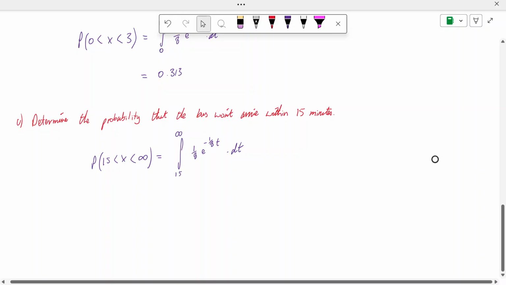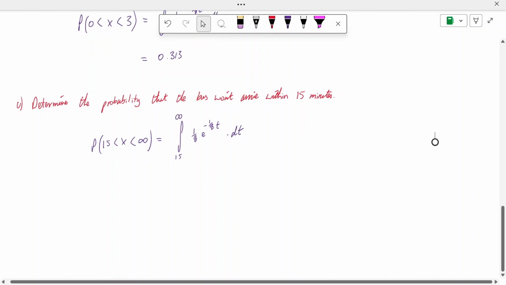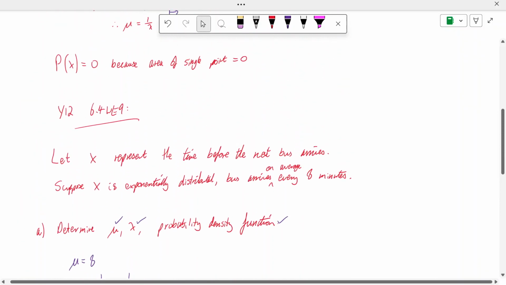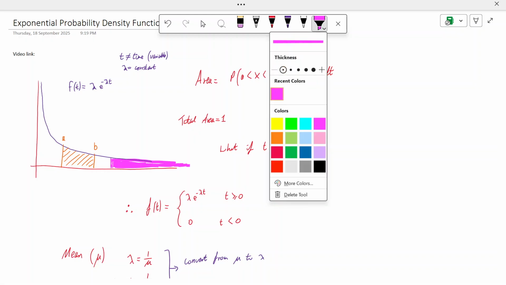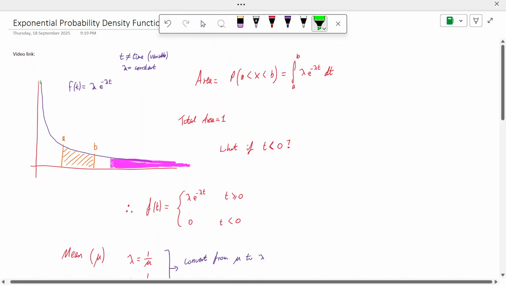and keep in mind that we can look at the complementary event here. Because I know, if I think about my curve, that if I was interested in the probability of it going from here all the way up here, I could calculate that by again using that infinity, or I could think about the fact that the total probability underneath this entire curve is equal to 1. And so that would mean that this probability here in pink is going to be my area before that subtracted from 1.